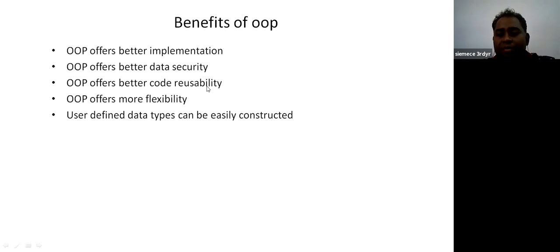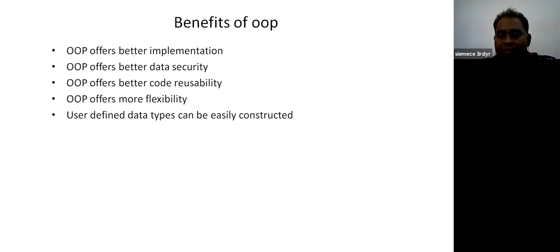I have created only one student class, but suppose in a class there are 50 students, so I can declare 50 objects of that student class. Now suppose in your class there are two students.